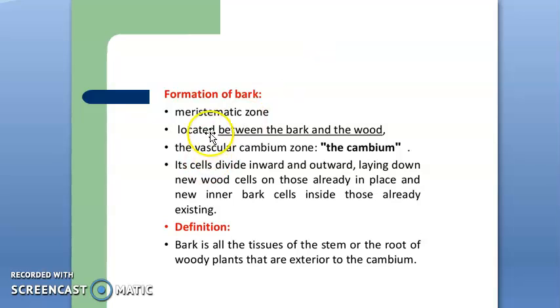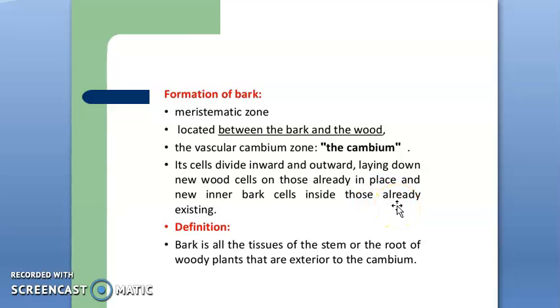The meristematic zone, which is located between the bark and the wood, is the vascular cambium zone, that is the cambium. Its cells divide inward and outward, laying down new wood cells on those already in place and new inner bark cells inside those already existing.